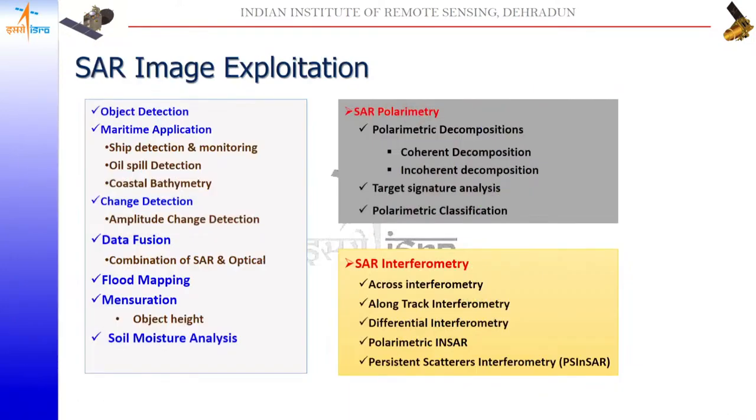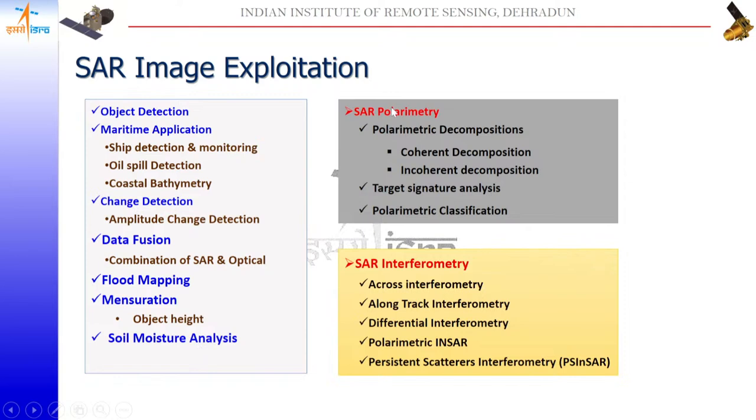In SAR we can have different exploitation also. We can do object detection, maritime applications like ship detection and monitoring, oil spill detection, bathymetry, change detection, data fusion of SAR and optical, flood mapping, some rough object height estimation, and soil moisture analysis.